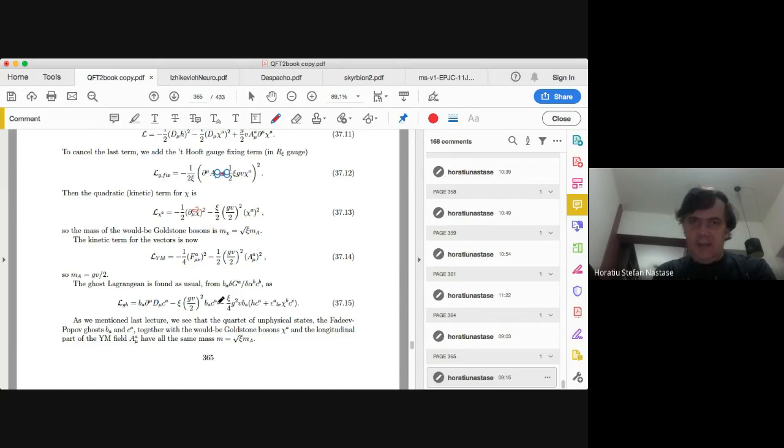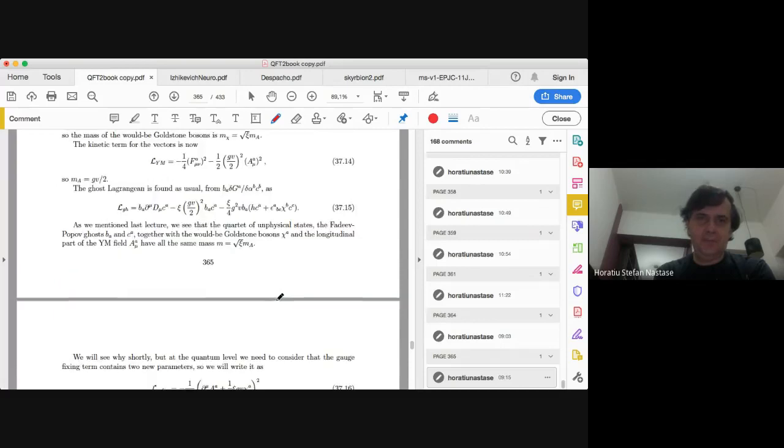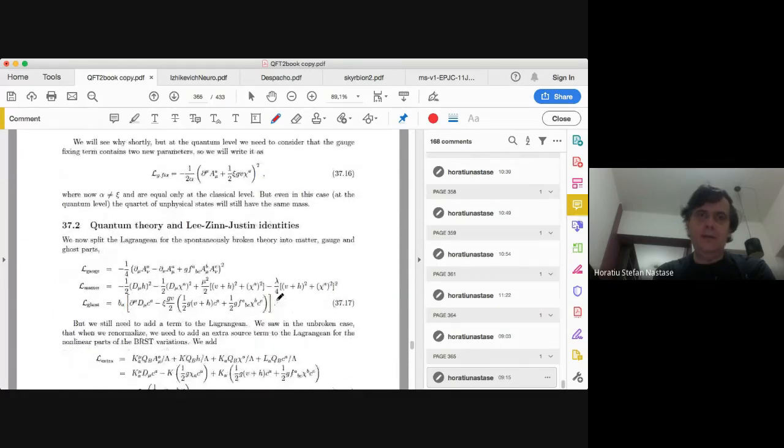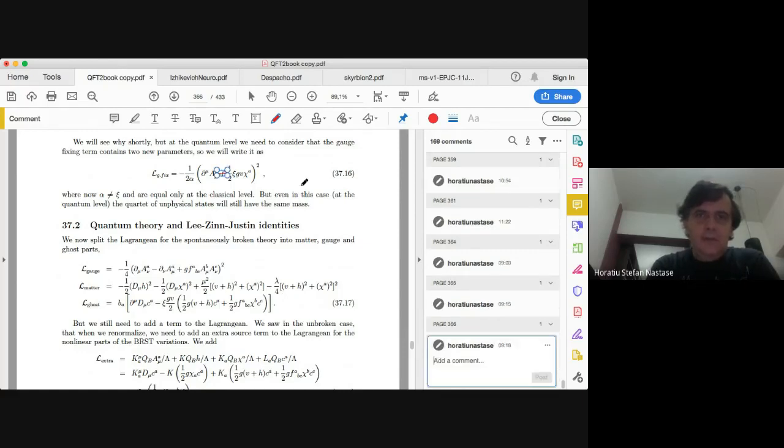And then this last piece is just an interaction piece between two ghosts and one scalar, either the Higgs or the would-be Goldstone boson. Again, this should be minus here, I think.